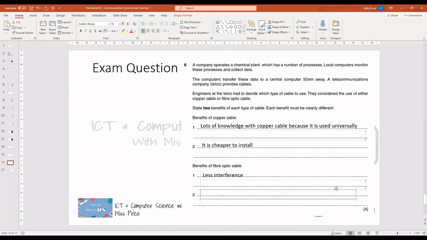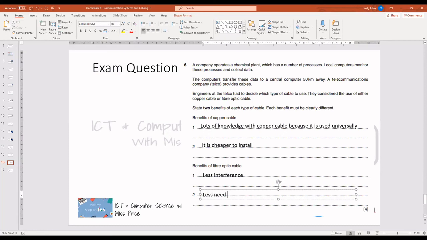What was in my head? Less need for repeaters due to higher bandwidth, possibly.